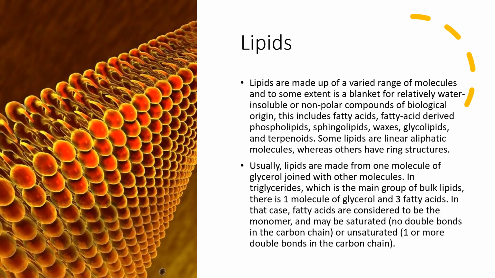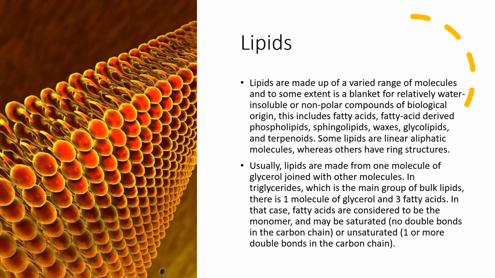Some lipids are linear aliphatic molecules, whereas others have ring structures. Usually, lipids are made from one molecule of glycerol joined with other molecules. In triglycerides, which is the main group of bulk lipids, there is one molecule of glycerol and 3 fatty acids.